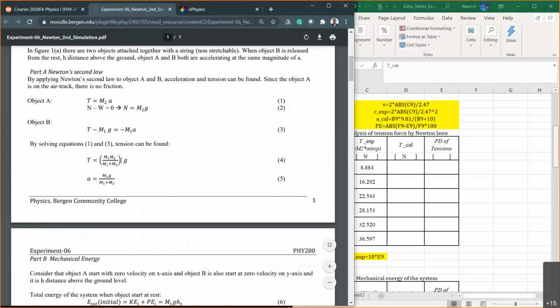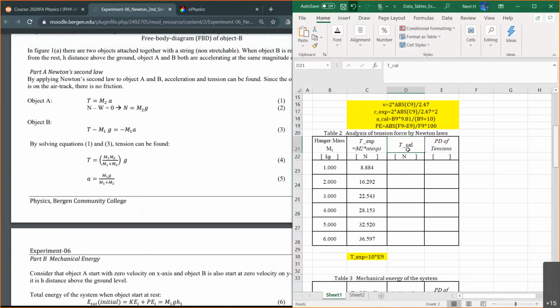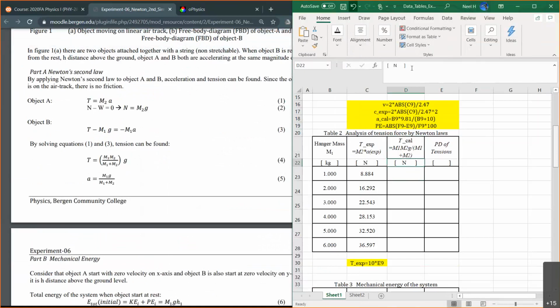M1 M2 times G over M1 plus M2, which means, let's write that formula down here, equal sign M1 M2 times G divided by parentheses M1 plus M2. That's the formula, right? I can use that directly to do this calculation.